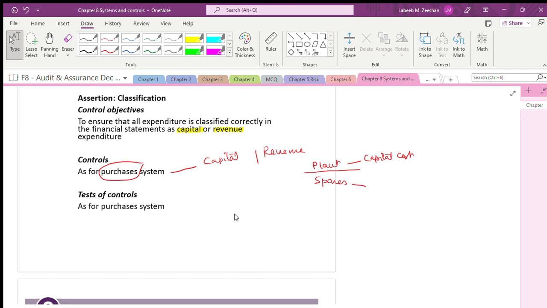Spares or consumables are going to be called a revenue cost, revenue expenses. At the point of purchase, we have to identify whether we are purchasing repeatedly, in which case it is a revenue cost. If you are purchasing at one time, it is a capital cost.